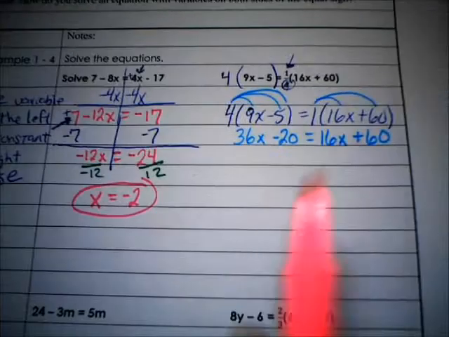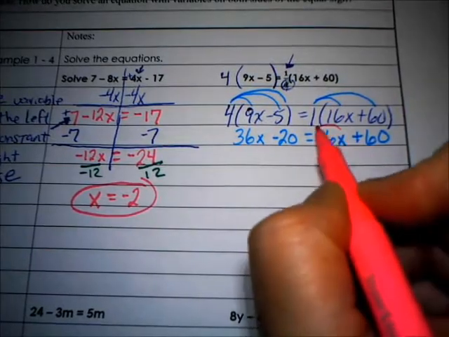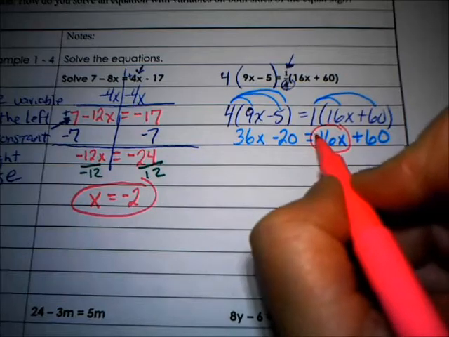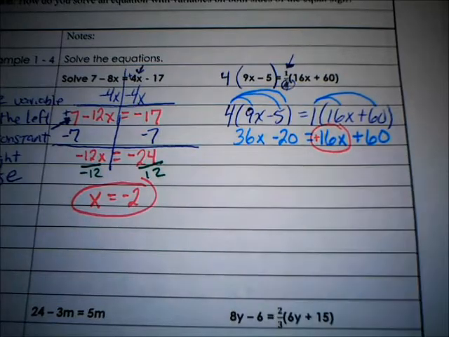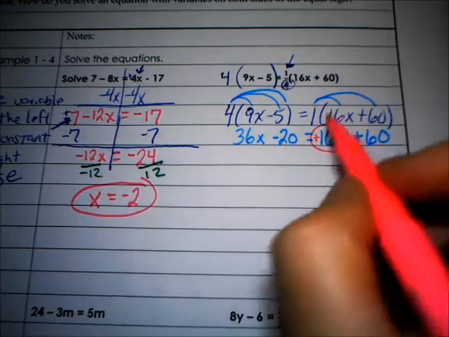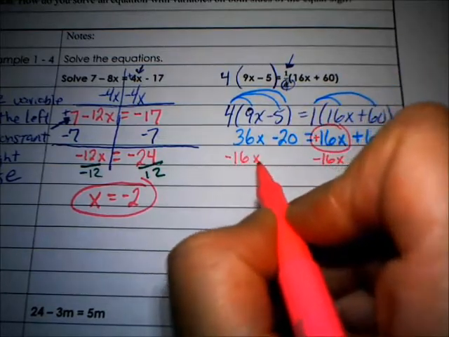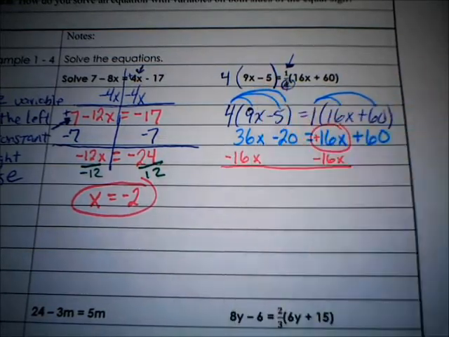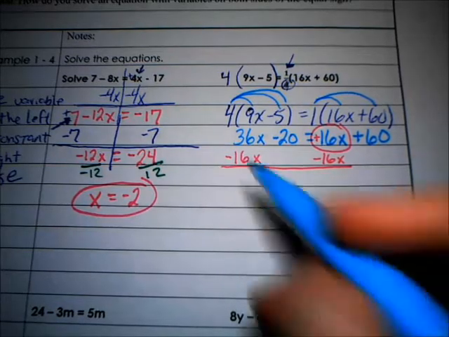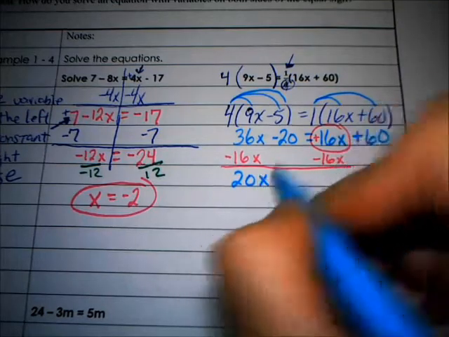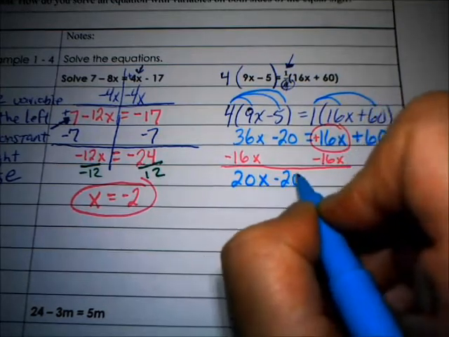This is a positive 16, so when I move it, it changes to a negative 16, which is the same thing as subtracting. What is brought down: 36 minus 16 is 20x, minus the 20 that was above, equals, and bring down the 60 as well.